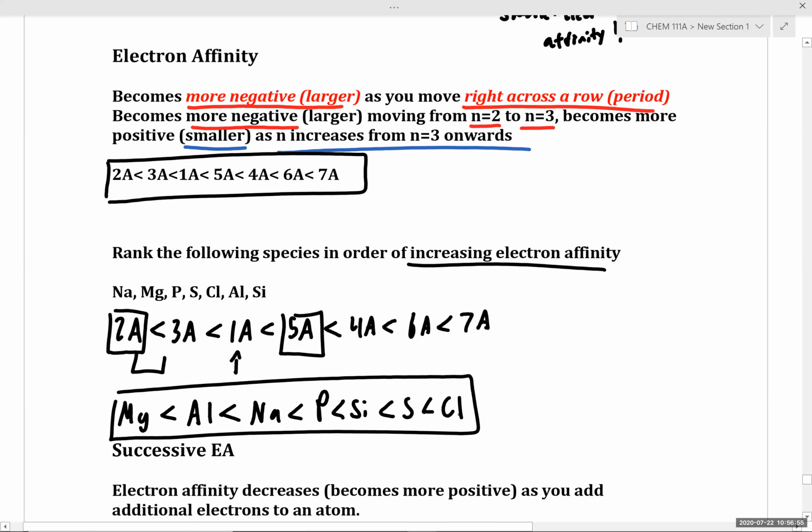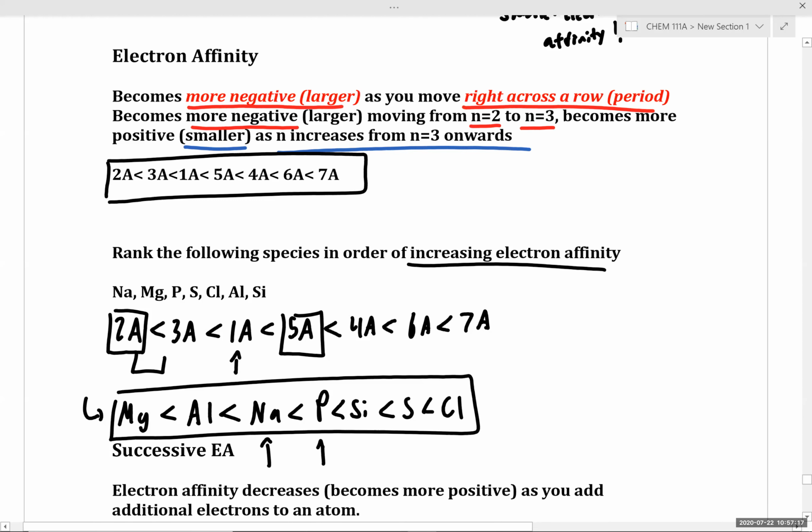So electron affinity is different than atomic radius. In general, the trends for electron affinity are closely correlated with atomic radius, but there are exceptions. So phosphorus is an exception, magnesium is an exception, and sodium is an exception.